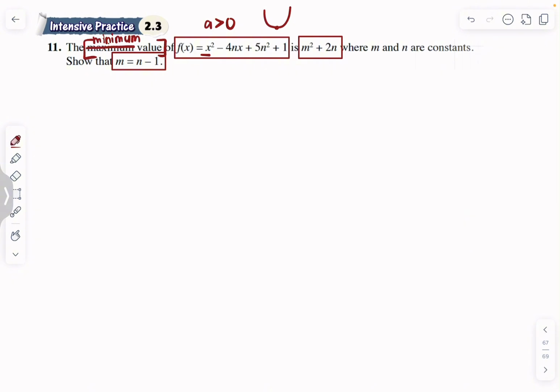So this graph is a quadratic graph. They said the minimum value. Minimum value means they're talking about the y value, not the x value. If they say minimum coordinate, then it's the whole coordinate.